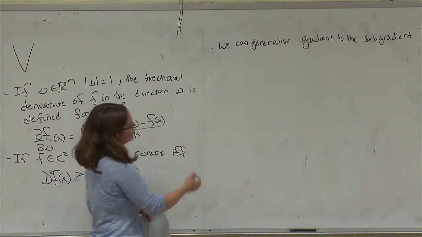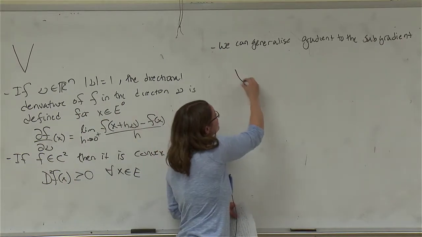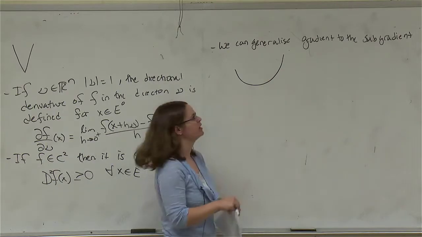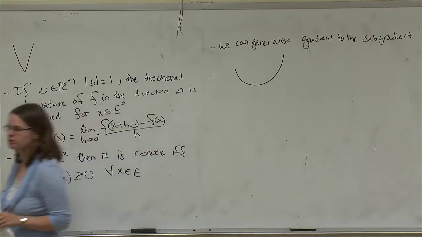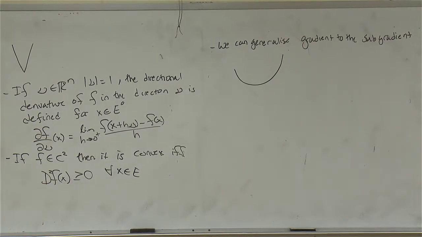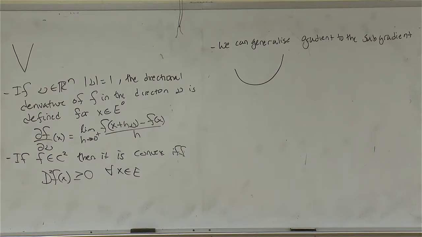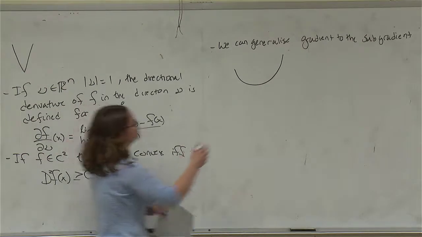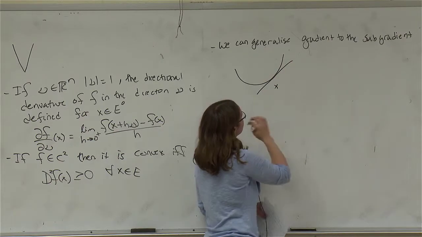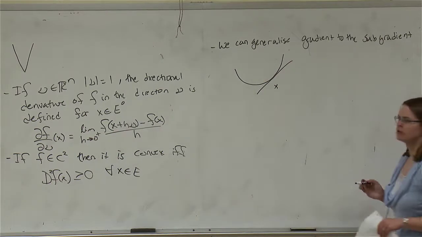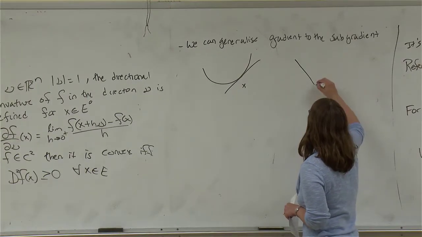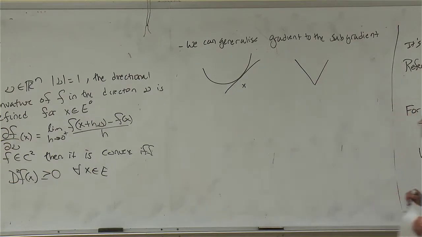Just if we think about this geometrically, here's a convex function. Let's suppose I want to know its derivative at some point. Geometrically, what is that derivative? It's the slope of a tangent line, yeah. It's not a trick question, right? So here I want to know the derivative at some point x. The derivative is just the slope of this tangent line. Now let's do it again, but for this function that has, say, a corner to it.